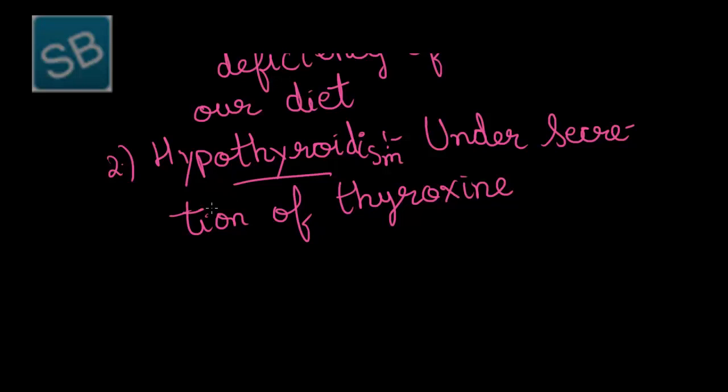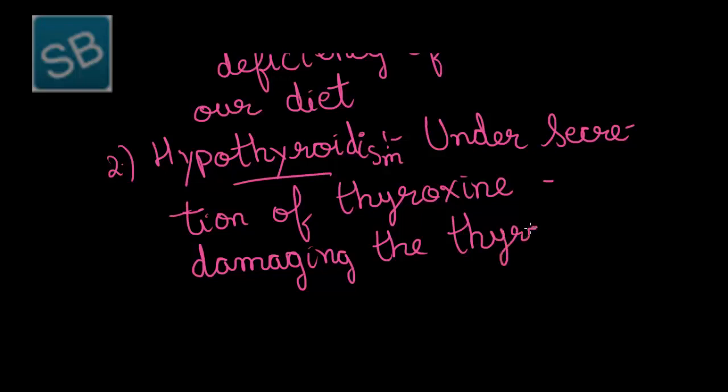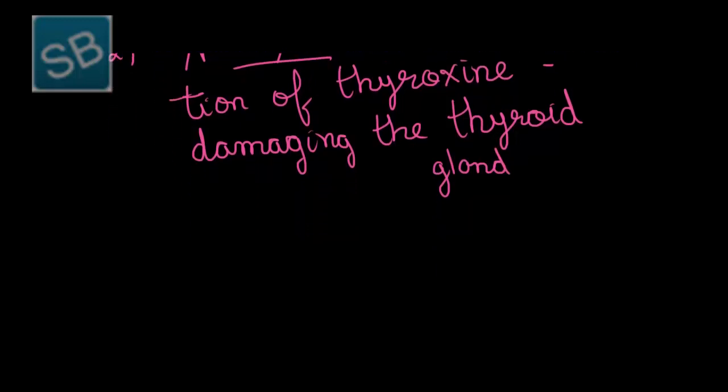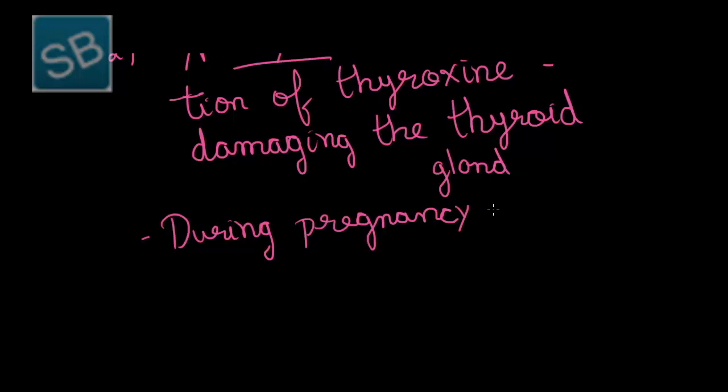Thus, undersecretion of thyroxine results in affecting the thyroid gland. Generally during pregnancy, such a disorder can cause defective development and maturation of the child.